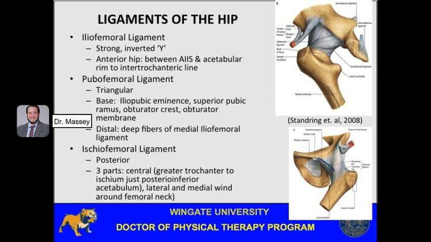And here we see that pubofemoral ligament, which is basically a triangular ligamentous structure there. And our iliofemoral ligament here, so we've got 3 parts to this, our central, and we've also got, here you can see the lateral and medial most portions of this, and basically they're going to help wind around that femoral neck as well.